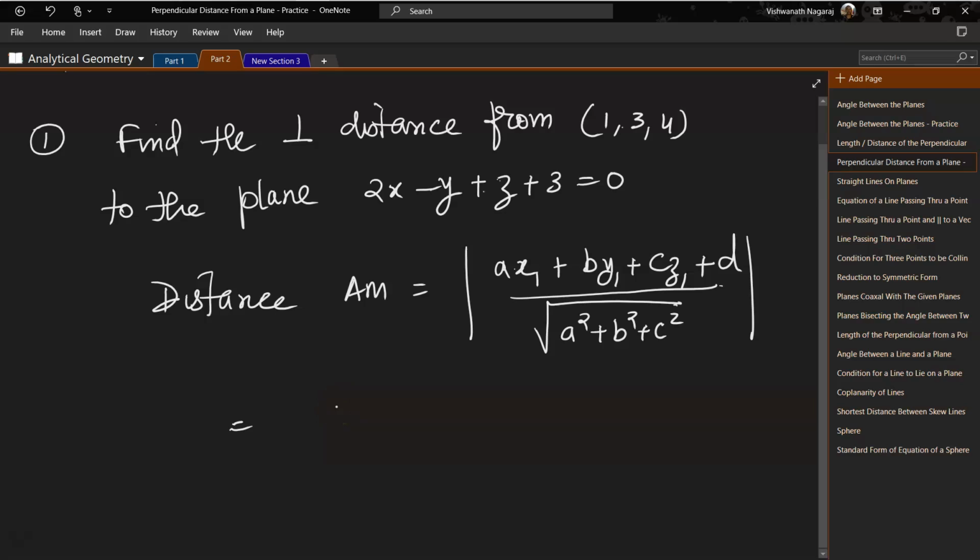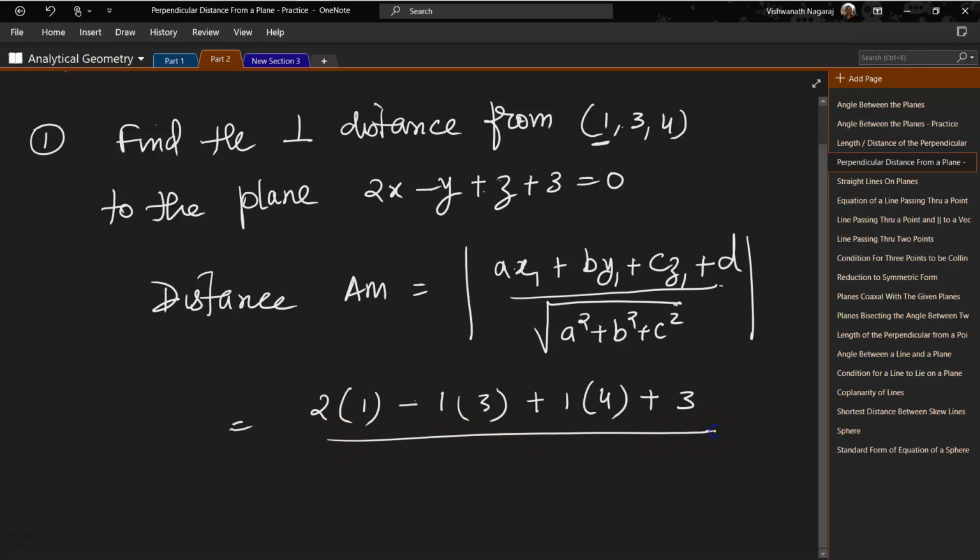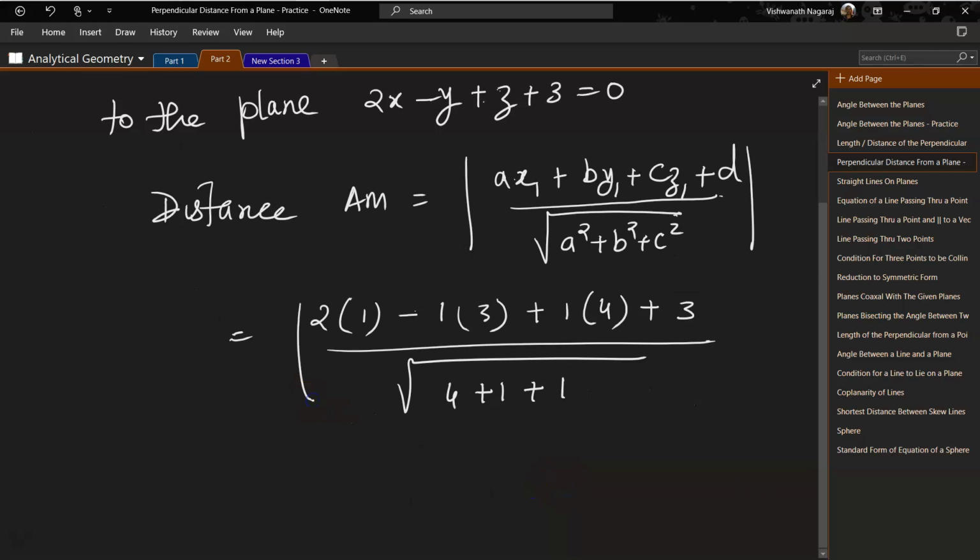A is 2. So 2 times 1, plus minus 1 times 3 plus 1 times 4 plus 3 divided by square root of A square, B square, C square. So 4 plus 1 plus 1, and the magnitude of this.